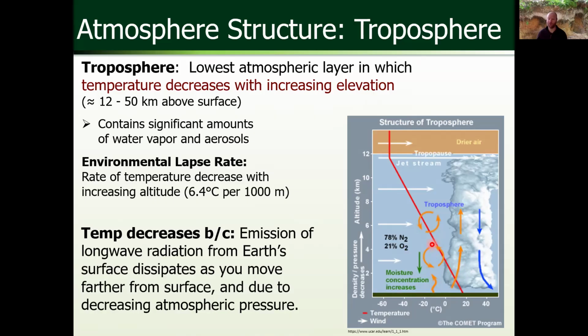So you're getting farther away from a source of sensible heat, of emitted radiation, and then also because of interacting effects with atmospheric pressure. We'll learn more about that in the next section of the course. But ultimately for here and the exam, all you really need to focus on is it is getting cooler and cooler and cooler with increasing altitude.